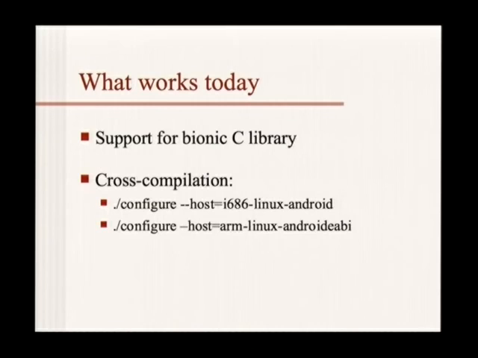Also, if you try this configure, you will get a huge list of warnings about missing libraries, because there are a number of libraries that Wine is using. We try to keep it down to a minimum, but we still need a number of external dependencies. And these are, of course, not provided with the Android NDK.